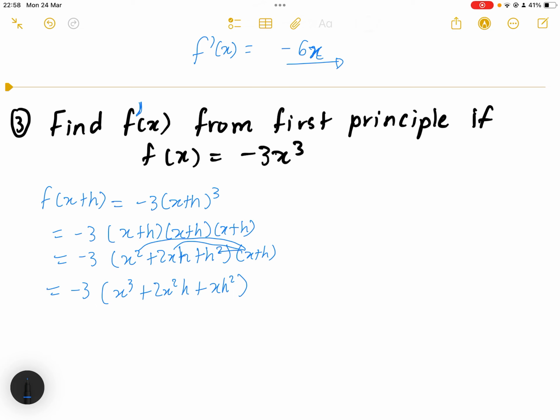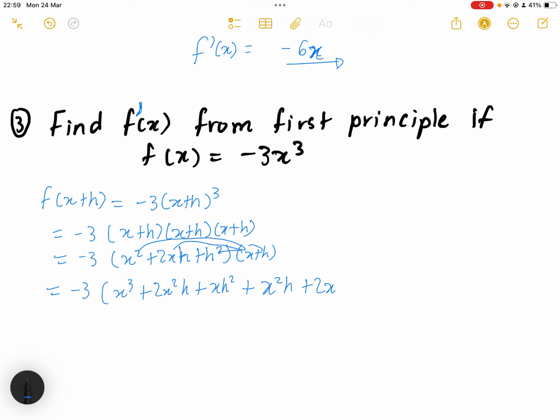So for the h, what are you going to be doing there? The h is going to be multiplying there, so it's going to be x squared h plus 2xh squared.